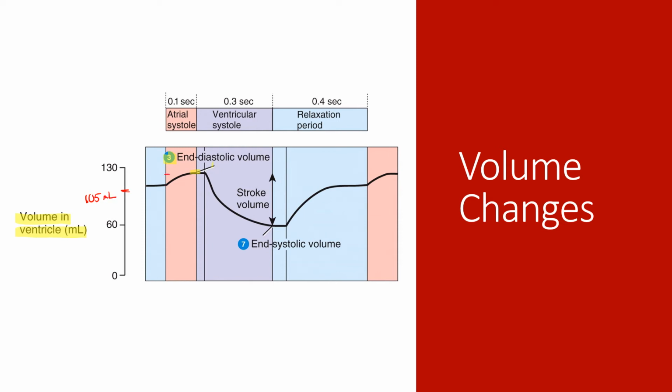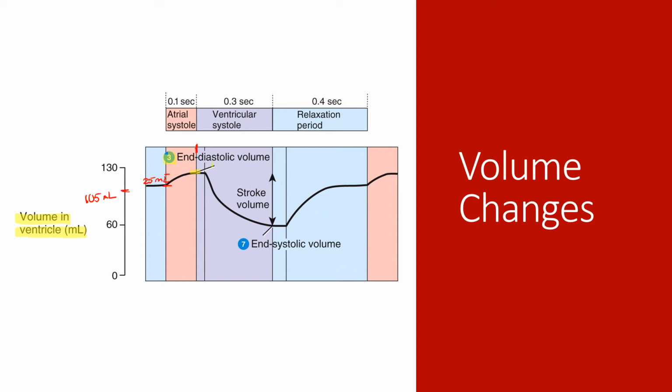Then atrial systole occurs, and this adds about 25 milliliters of blood. Now at the end of atrial systole, so right here, this is also the end of ventricular diastole or ventricular relaxation.